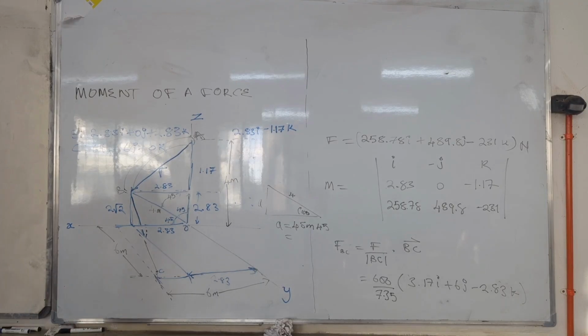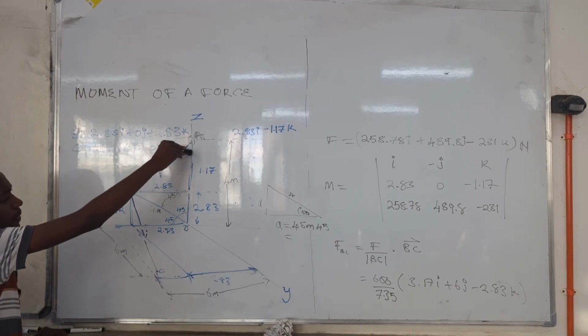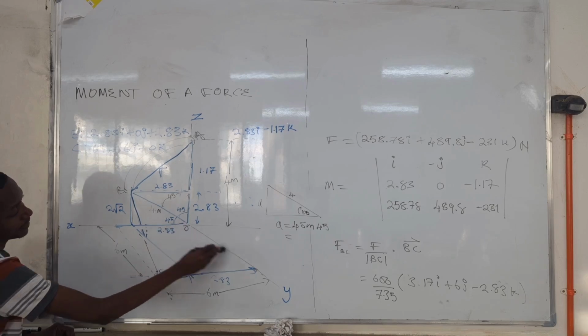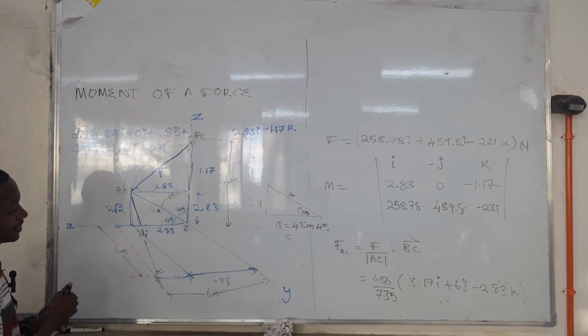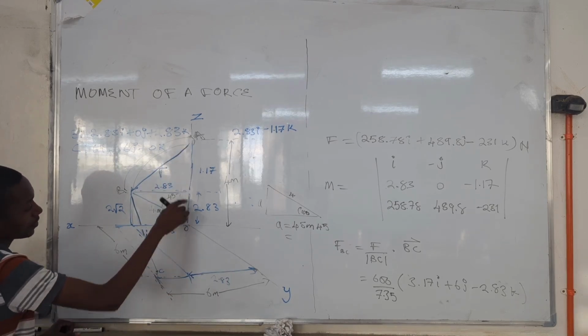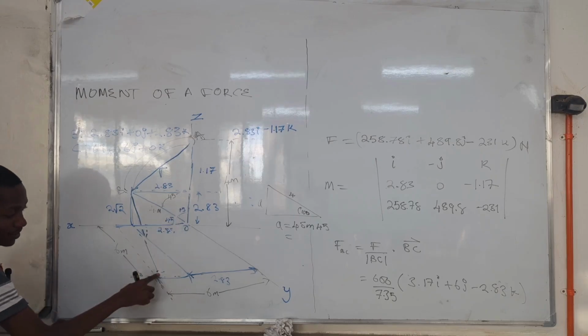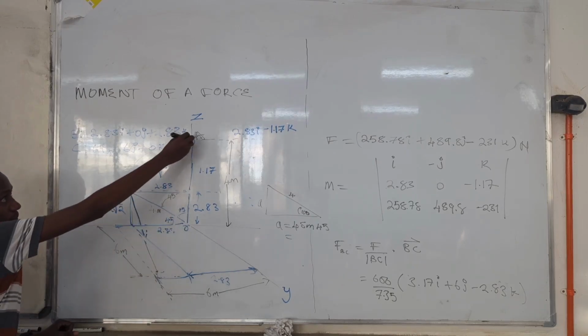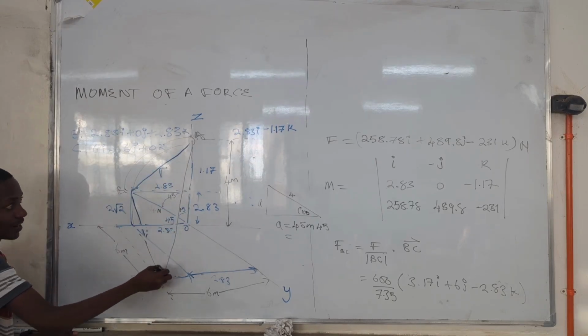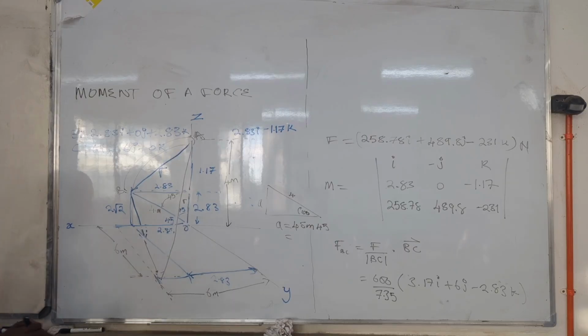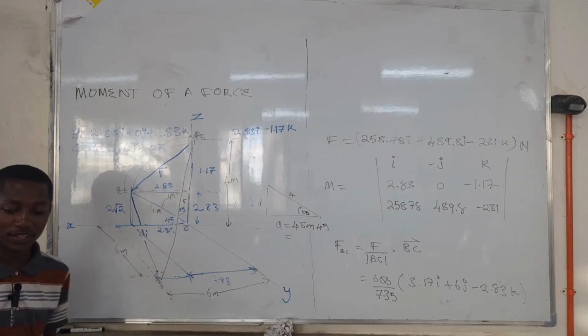If you want, you could have used your arrow from here to here. This would have been your R if you wanted. It still gives you the same answer.